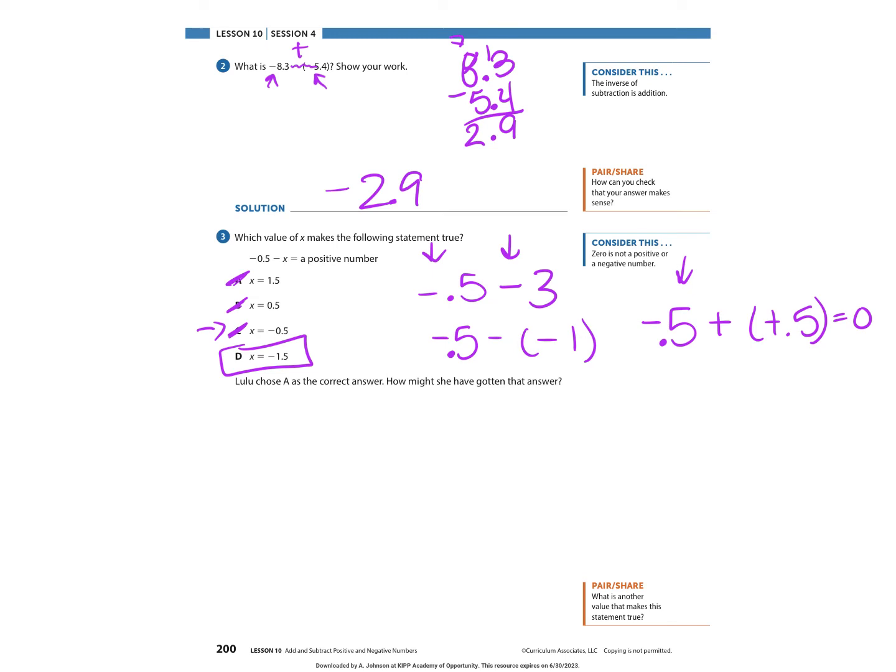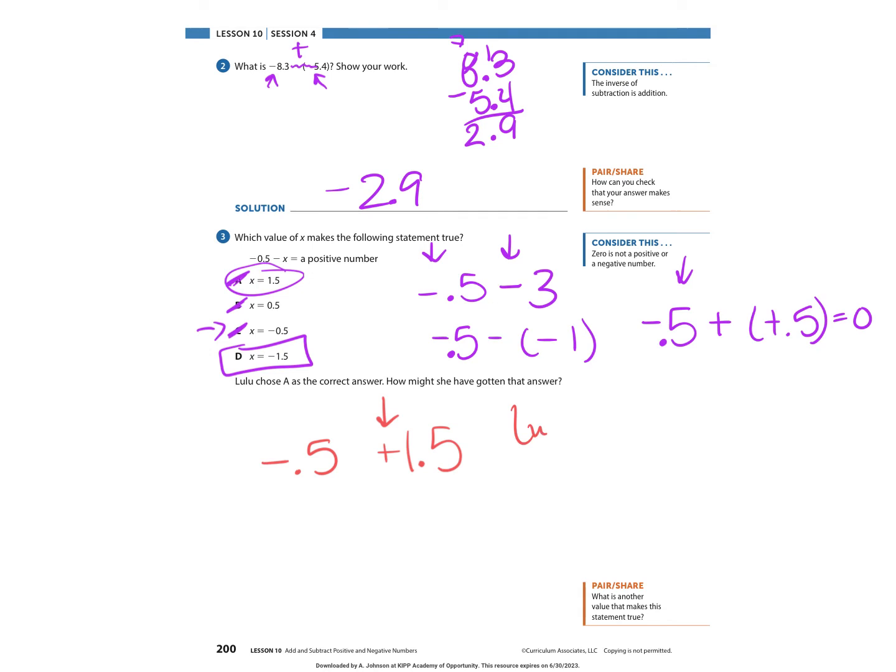So for the next one, Lulu chose A. How might she have gotten that answer? Well, she could have thought, because this is 0.5 and this is a positive 1.5, but they didn't say we're adding the x, we're subtracting it. So she probably was thinking that she could add that instead of subtract.